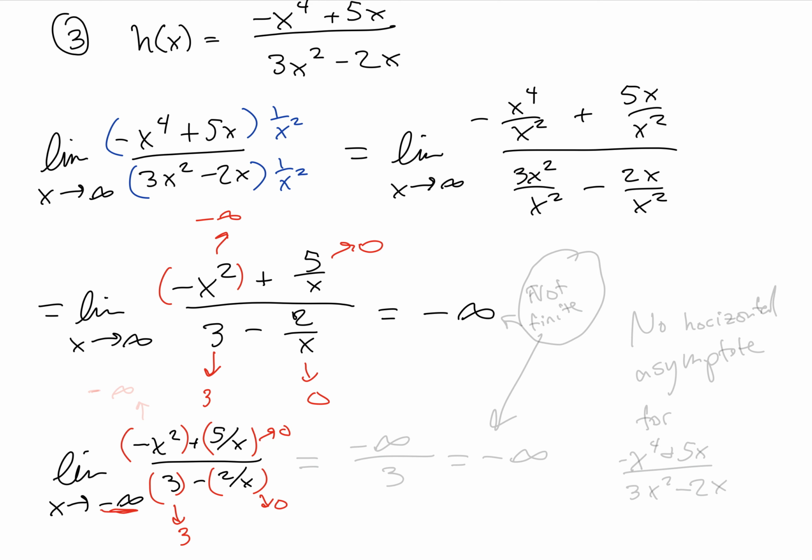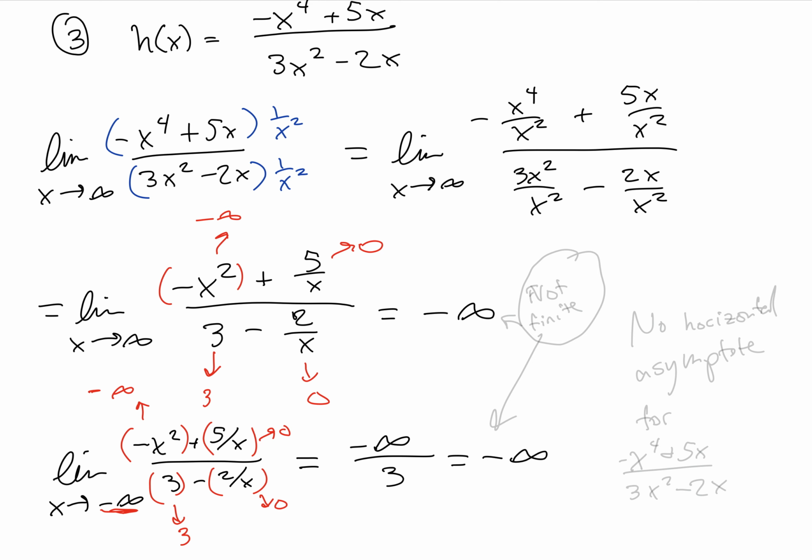So negative big number squared becomes positive, so this is going towards infinity, but there's a negative still sitting in front of it. So it's still going towards negative infinity. So we're going towards negative infinity over 3, which is still negative infinity.